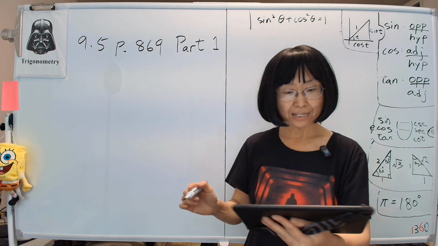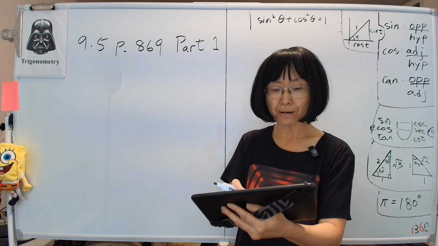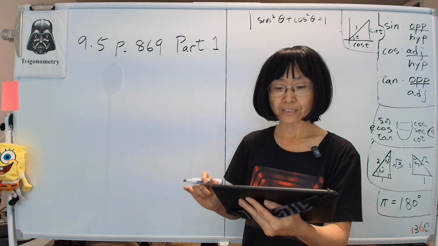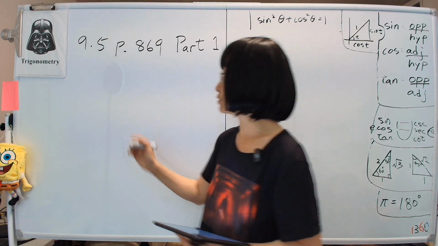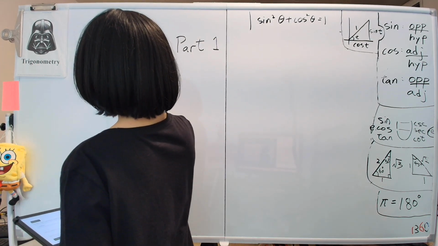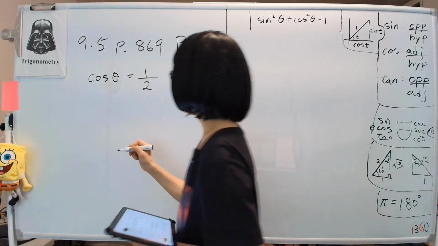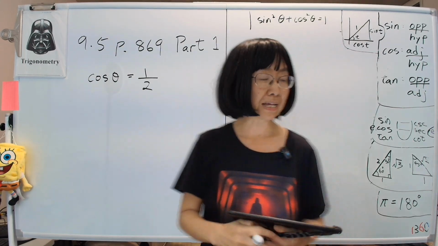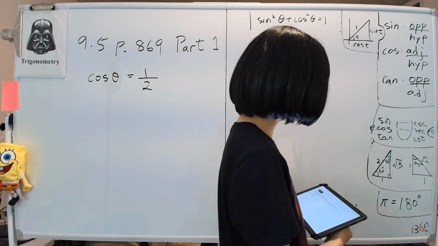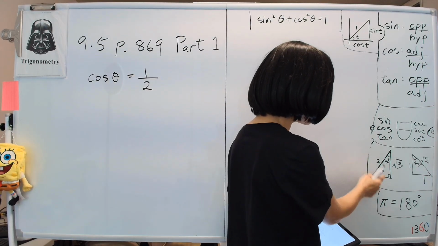Now, having said that, let's begin with example 1, which says find all possible exact solutions for the equation cosine theta equals 1/2. What is theta? Now, when is cosine theta equal to 1/2? Well, cosine is adjacent over hypotenuse, right?